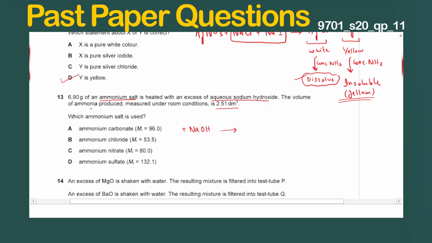We have to make a reaction with sodium hydroxide one by one, and they give this information that it is producing ammonia. All are ammonium compounds. When they react with the sodium hydroxide, we will observe the ammonia gas along with the sodium salt, and all the sodium salts are soluble in water.